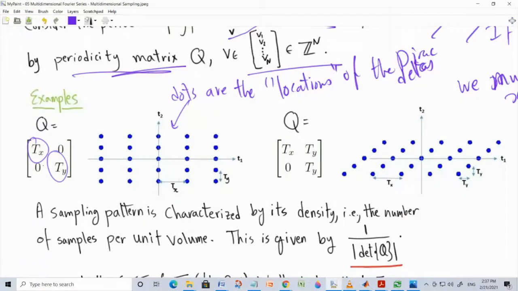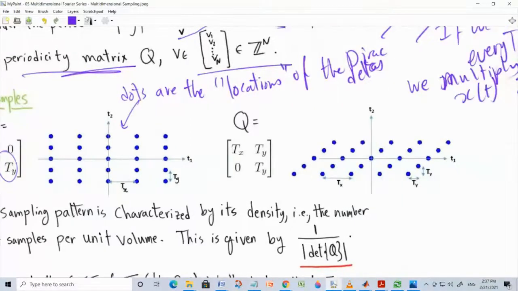But who says that this is the way to go? We can have any pattern in 2 dimensions, or even more. I am just giving you examples in 2 dimensions because you can draw things in 2 dimensions and imagine what they look like. I can have my Dirac deltas arranged in this funny way.